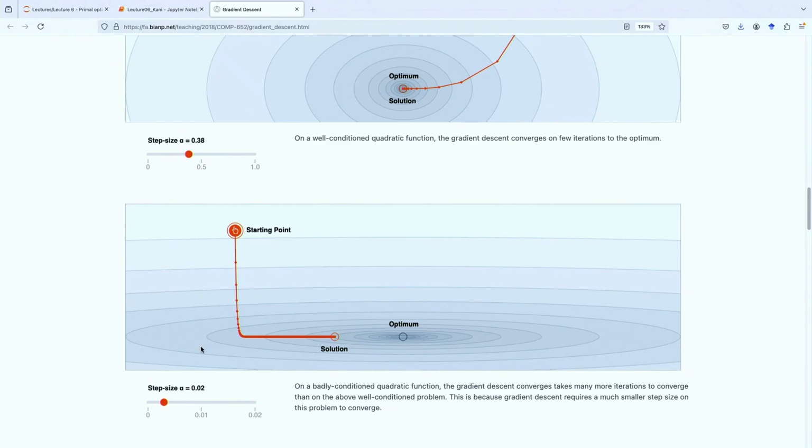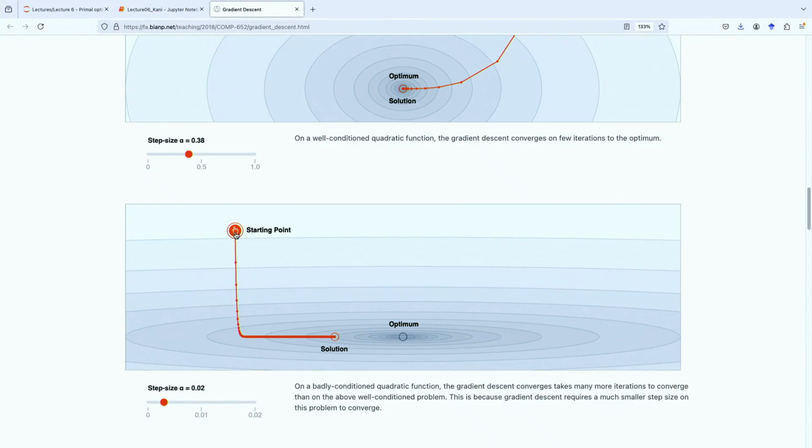And so we have a mismatch between what's known as the principal axes of this dimension. This whole gradient is elliptical. It's long in one dimension, right? So now, here's the deal. What will gradient descent do in this case?